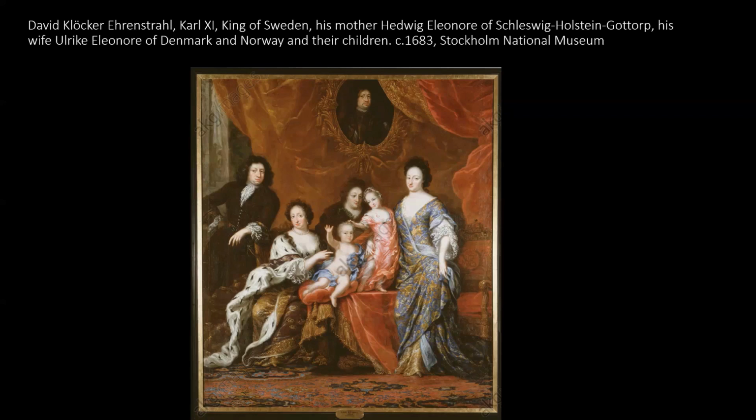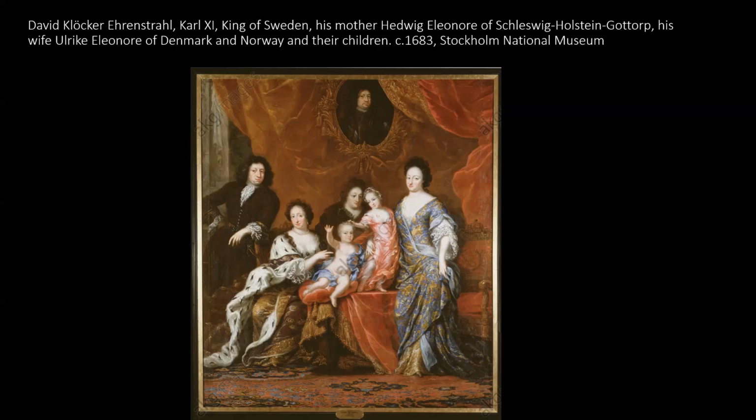She's pointing at her grandson, the future Karl XII, who's depicted here as a little naked Cupid figure. Now, on the right, no jewelry, en déshabillé. This is her daughter-in-law, Ulrike Eleonore of Denmark. The figure in the portrait above is, of course, Hedwig Eleonore's late husband.